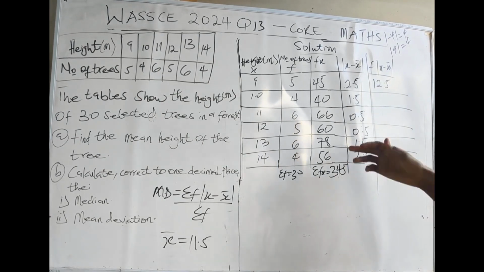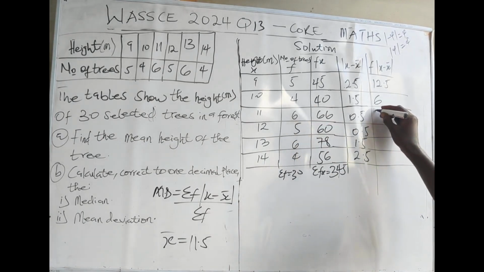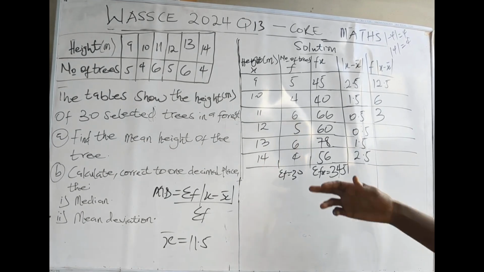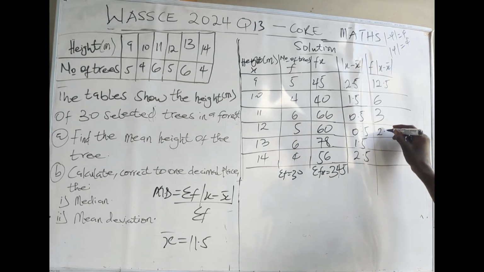And 4 times 1.5 gives us 6. Also 6 multiplied by 0.5 gives us 3. Also 5 multiplied by 0.5 gives us 2.5.